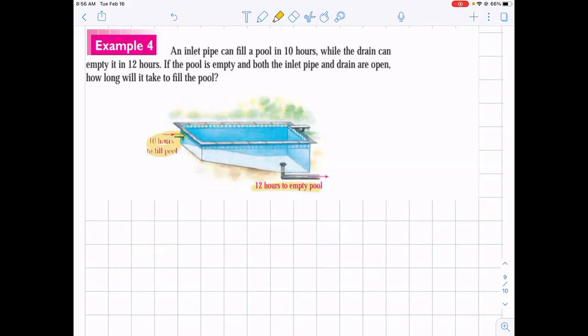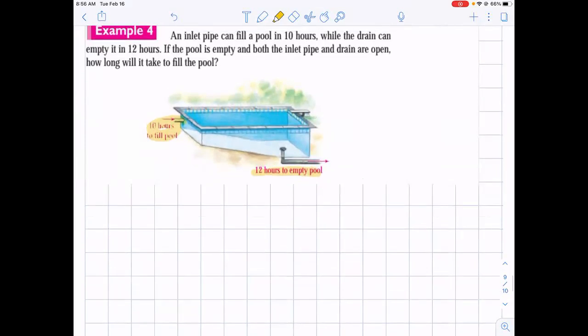If the pool is empty and both the inlet and drain pipe are open, how long will it take to fill the pool? So if we open both pipes where the pool is filling and it's draining at the same time, how long will it take to fill the pool? So let's see.